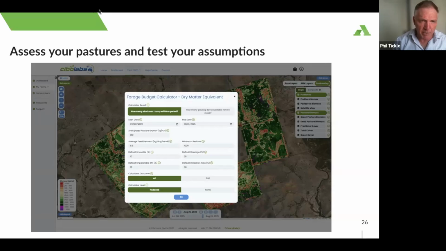And hopefully you can see in there, but this little grazing calculator, we've set a grazing period from now until the end of January, when we might get some rain. We've got some anticipated growth, maybe through a few early storms. We might get 100 kilos of dry matter, perhaps across the property. We're using an average animal equivalent here of 8.5 kilos of demand a day.